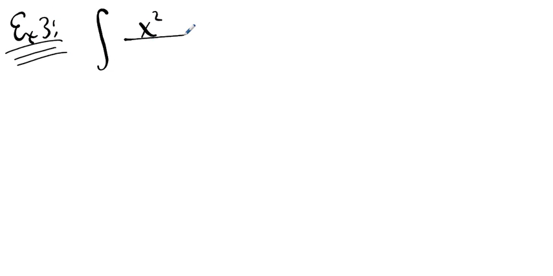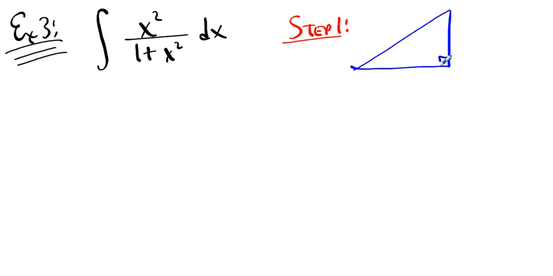Well, I'll go one more with you. Integral of x squared over 1 plus x squared. And here you're thinking, there's no radical. I know there's no radical, but there is a sum of perfect squares. And so I'm still going to try to build a right triangle.